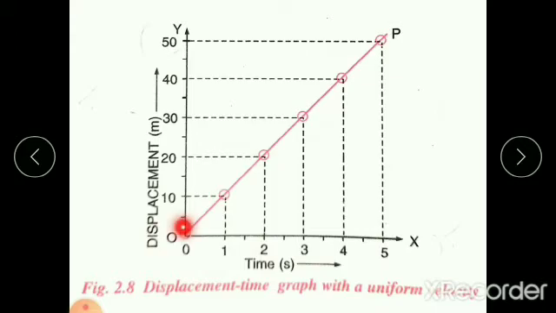At 0, displacement and time were both 0, right? At 1 second the displacement was 10, at 2 seconds the displacement was 20. Like this you have to mark, and if you join all these points you get a straight line that is inclined to the time axis.